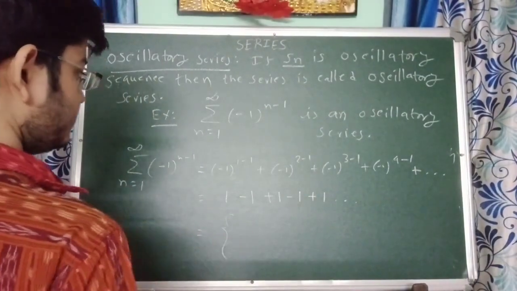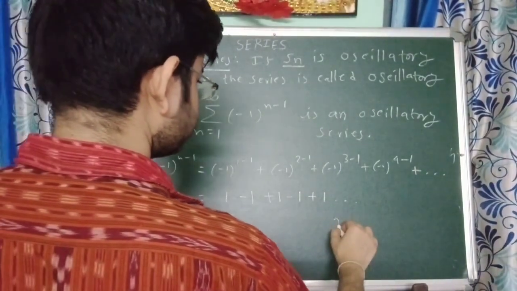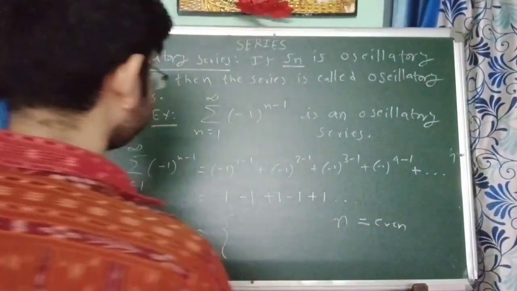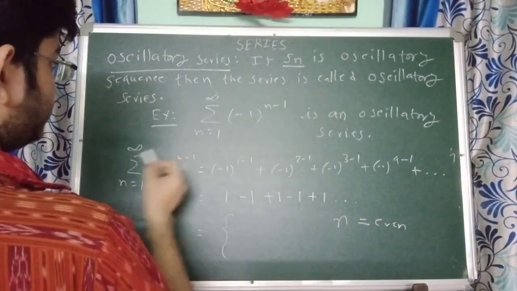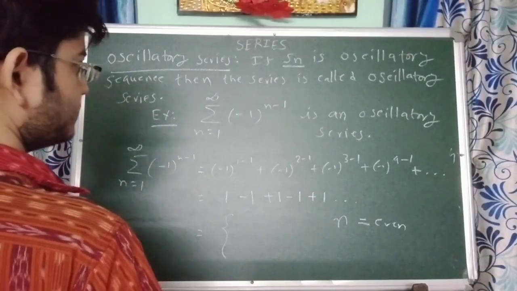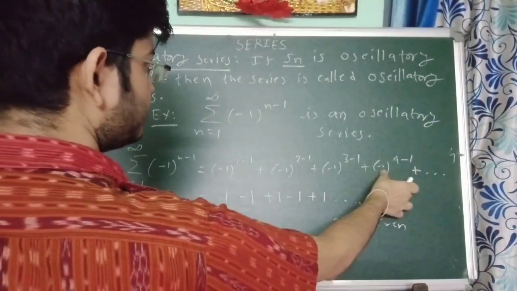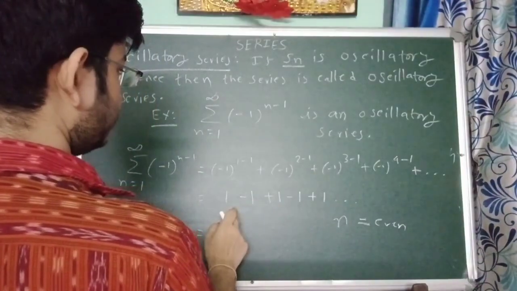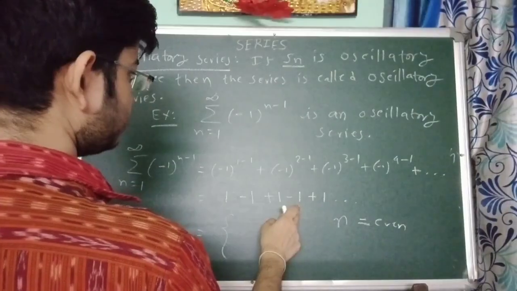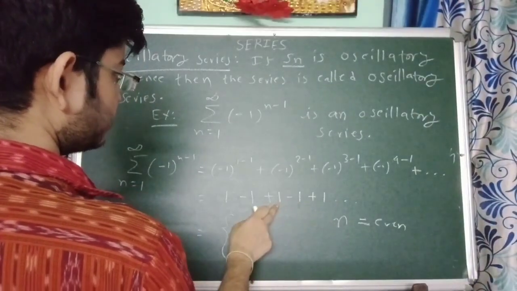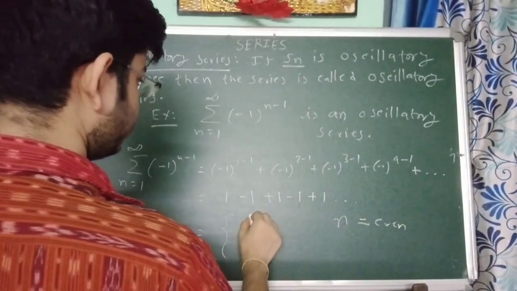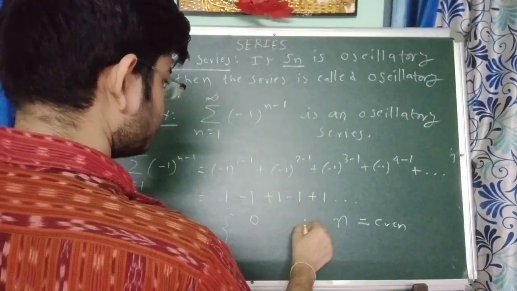Now we see that when n is even, for example if taking n equals 4, then we terminate here, and the result is plus 1 minus 1 plus 1 minus 1. So this minus 1 and plus 1 cancel, and this minus 1 and plus 1 cancel, so this becomes 0.